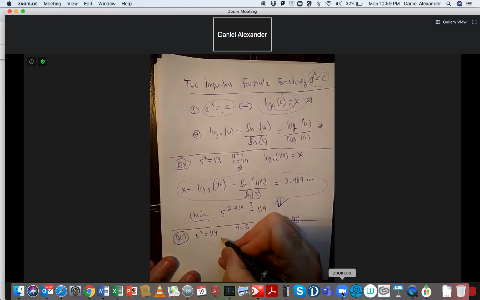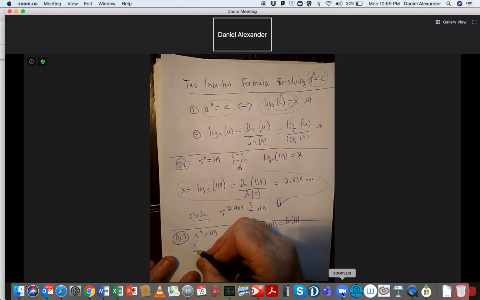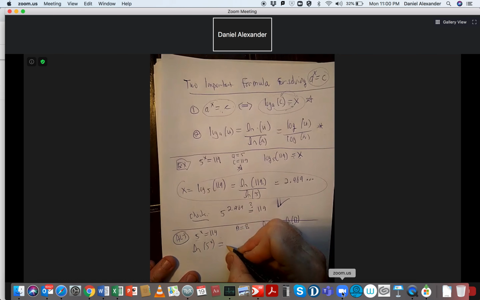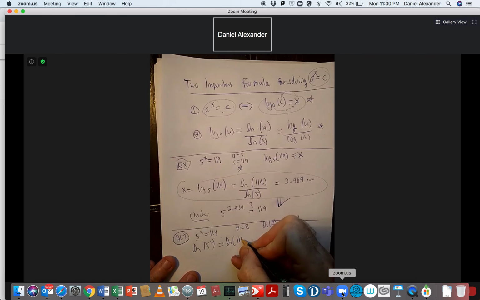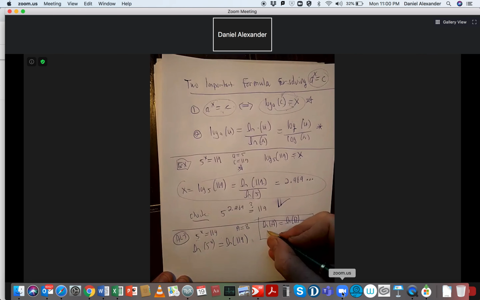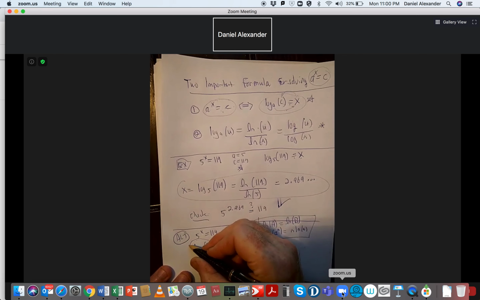So I'm going to take the logs of both sides. Because 5 to the x is equal to 119, I can take the natural log of both sides. Okay? So that's one law. And then you also remember that the log of a power, a to the n, is going to be n natural log a. So I can bring this x here.